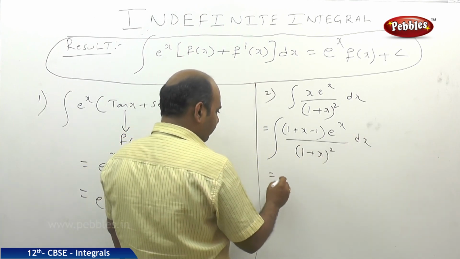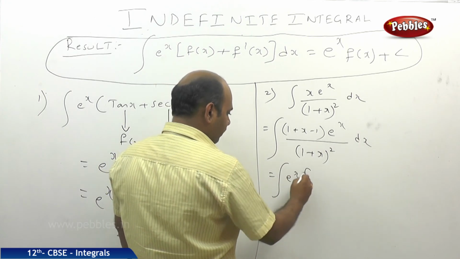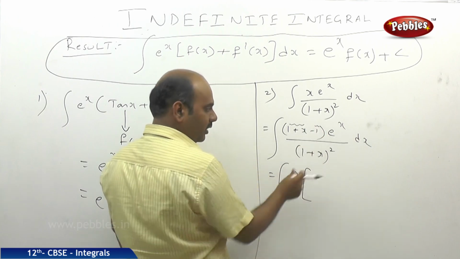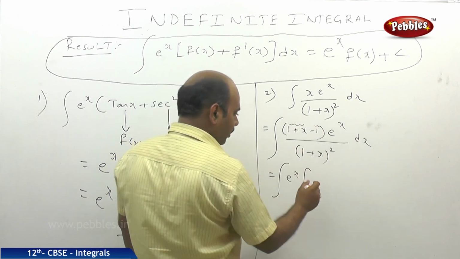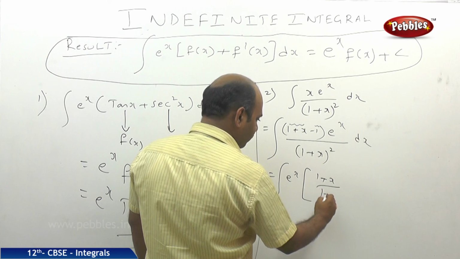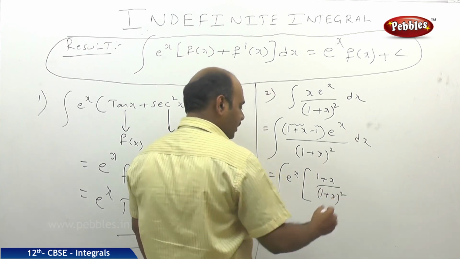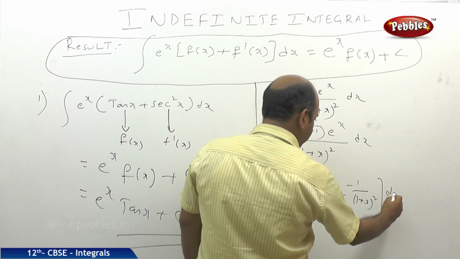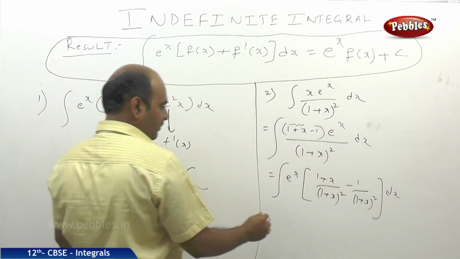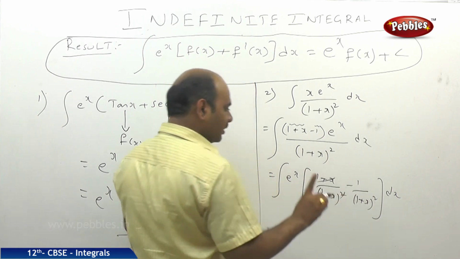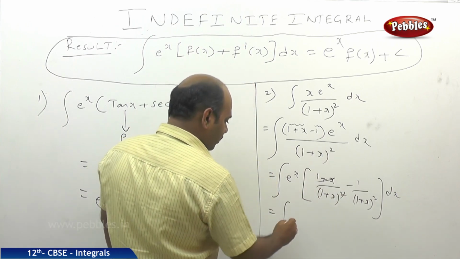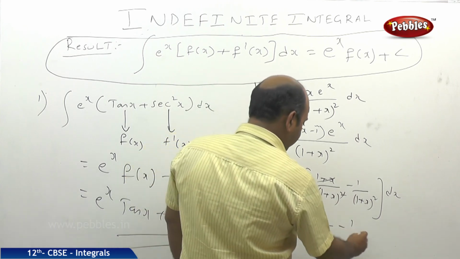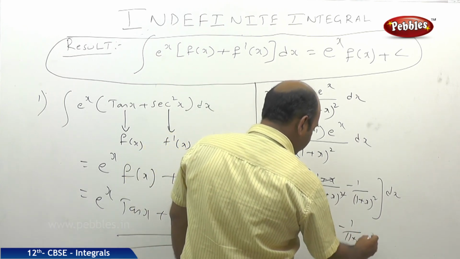So if you observe carefully, integral of e power x I will write outside, this I will treat as a, this I will treat as b, and this as c. So a by c, that means 1 plus x by 1 plus x whole square minus 1 by 1 plus x whole square, I will close, and outside it will be dx. So I think 1 plus x and 1 plus x will be cancelling in the first term.